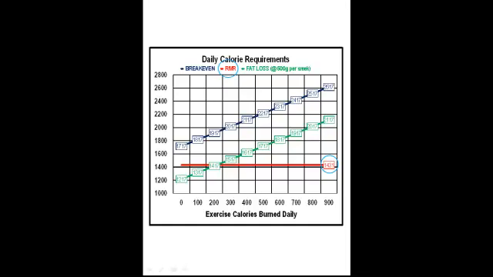Resting metabolic rate contributes as much as 70% to total energy expenditure, so it's very important in terms of your overall calorie burn. So using this as a base, we can guesstimate her calorie requirements to either break even, in other words not gain or lose fat, so a steady state situation, or to lose fat.